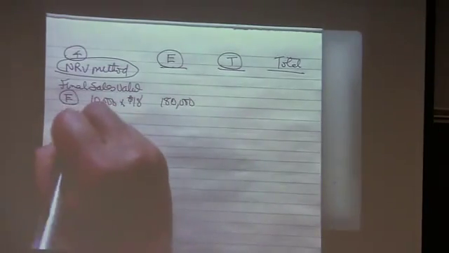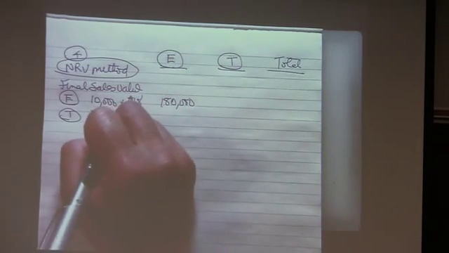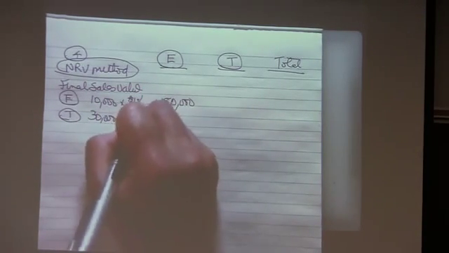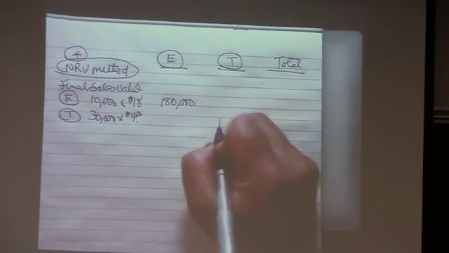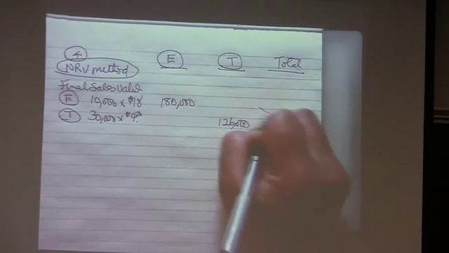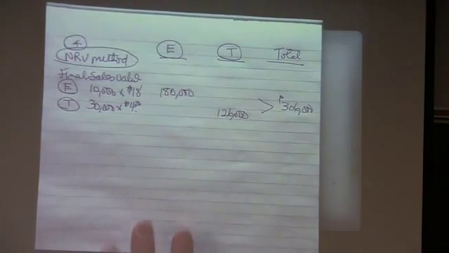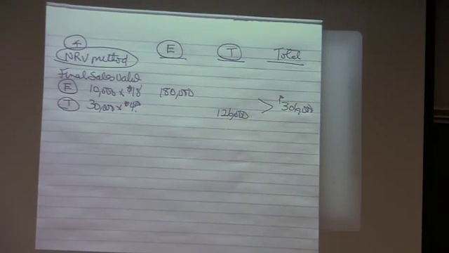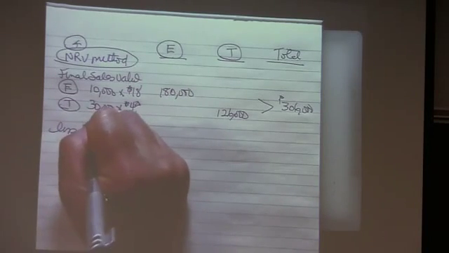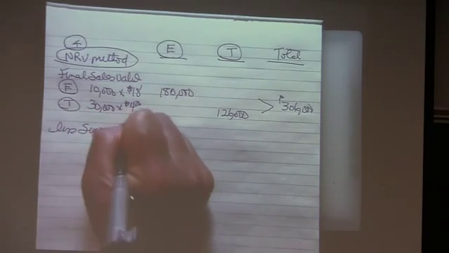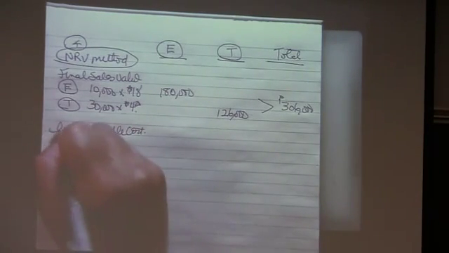And for turpentine, it's still the same, right? It's 30,000 times $4.20. And that gives us 126,000. Now we're going to subtract the separable costs. The first one is the ethanol.